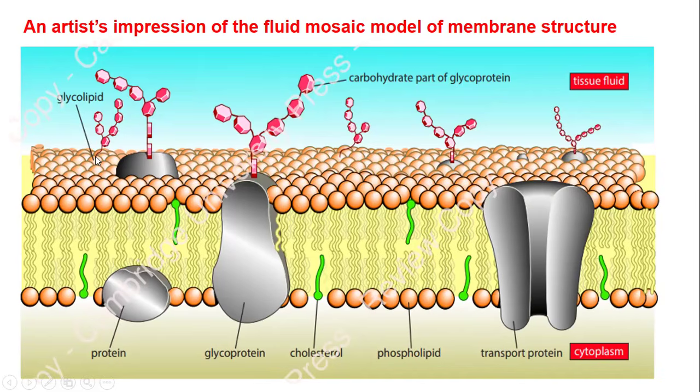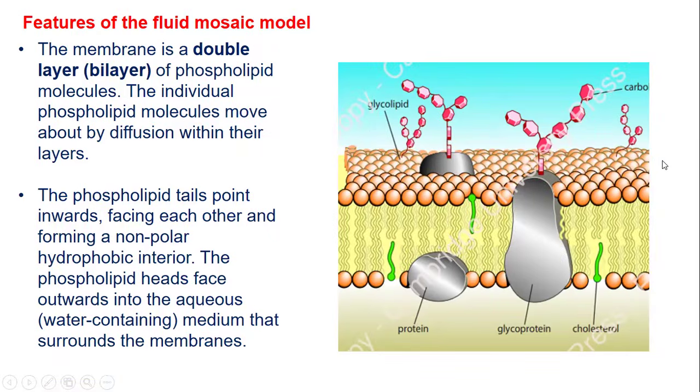That is why it is going to be called a glycolipid. So all these molecules are found in a cell surface membrane and they play different roles within it. We are going to look at the different roles that each protein or each part of the cell surface membrane plays.